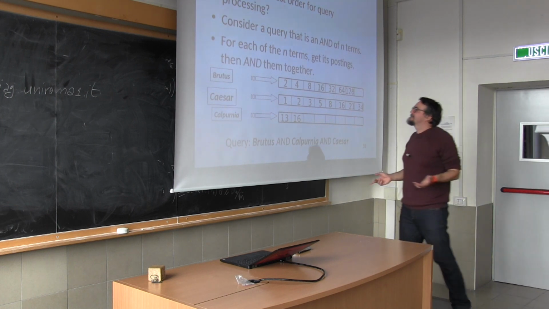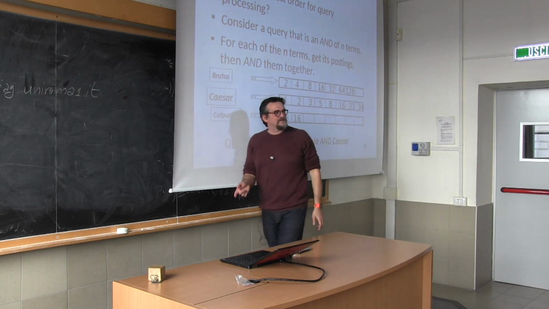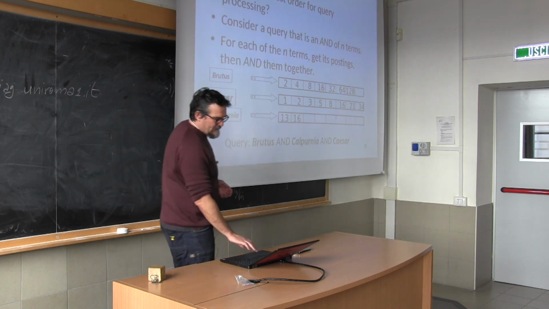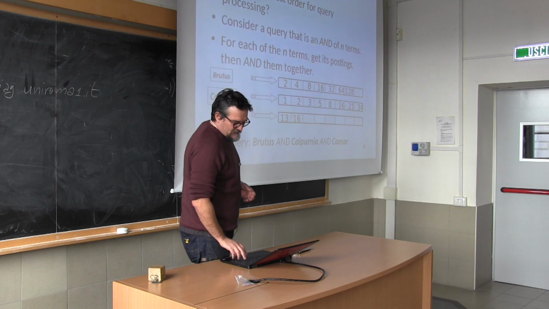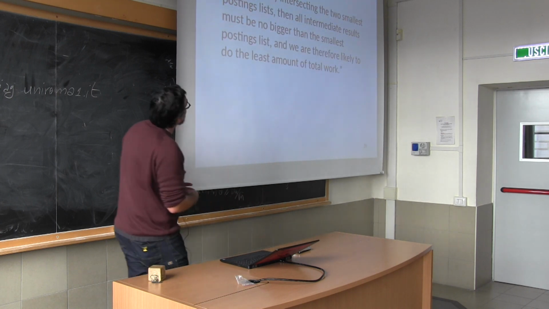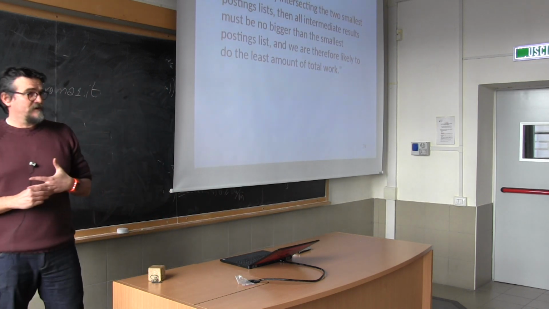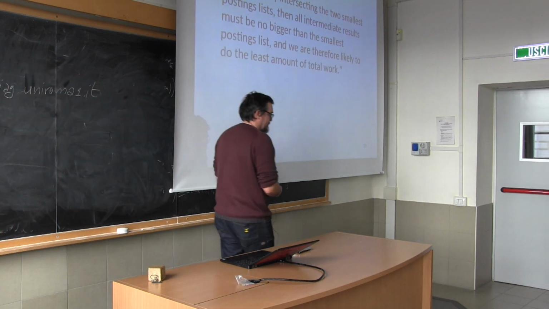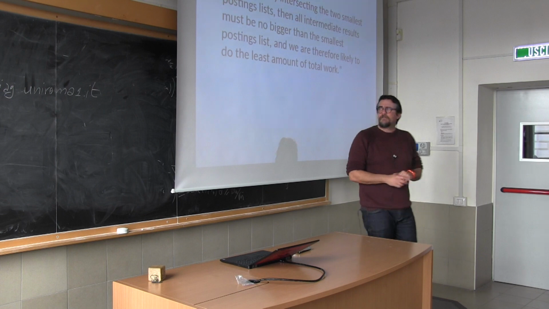Okay, good. And indeed, this is the strategy, and this is part of the optimization strategy. If you want a kind of intuition, this is a sentence from the book of the course, the information retrieval book.